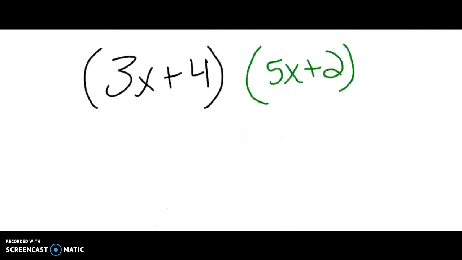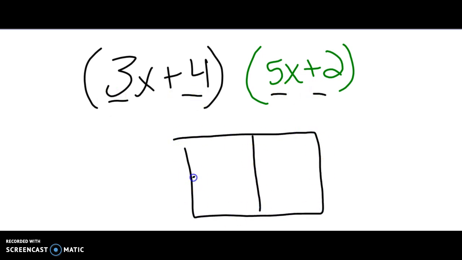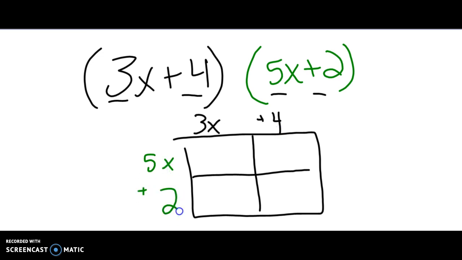Okay, last one. I have 2 terms by 2 terms, so I'm going to set up a 2 by 2 box. On the top, I have my 3x and my positive 4. On the side, I have my 5x and my positive 2. So 3 times 5 is 15, and I have 2 x's, so it's going to be x squared.